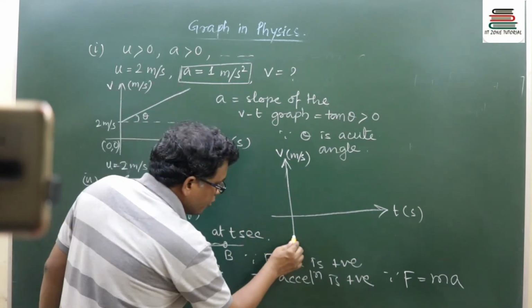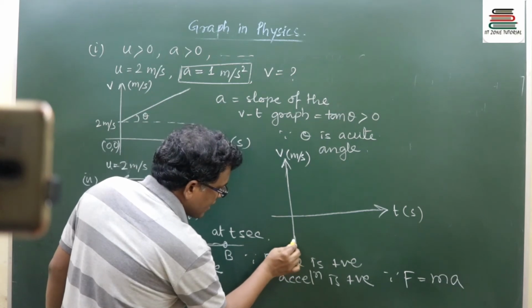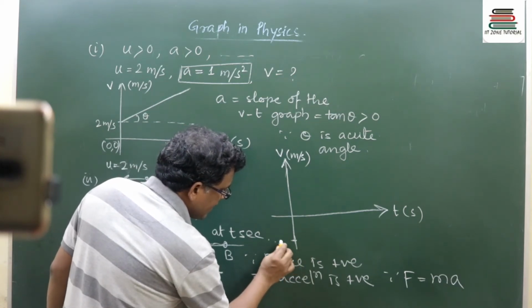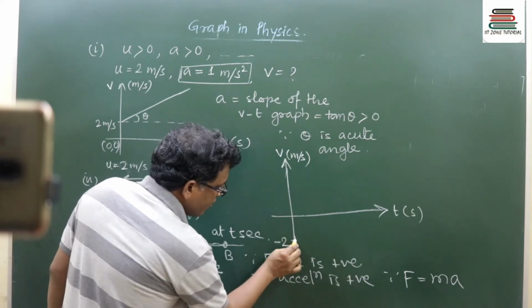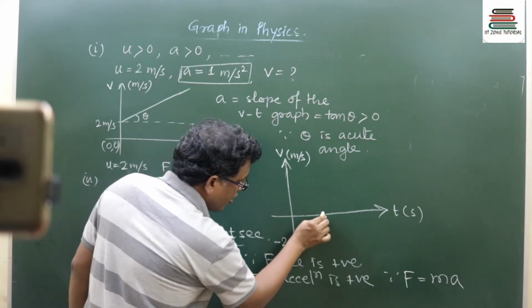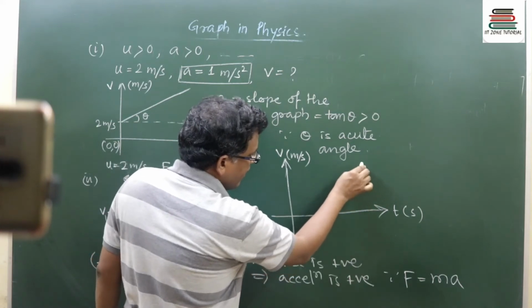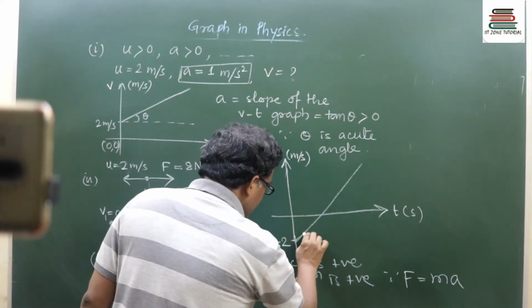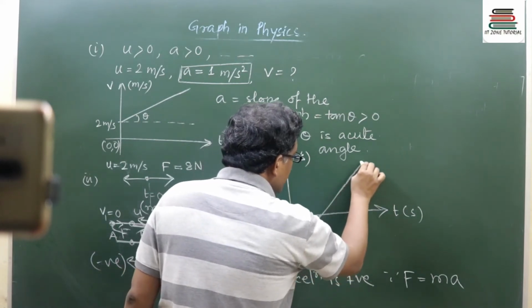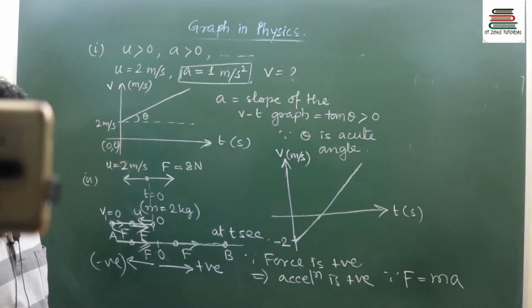So, what will I do? I will start drawing the graph somewhere, taking this as 2 units, but this is negative. From there onwards I will draw it in such a way that it represents the graph this way.